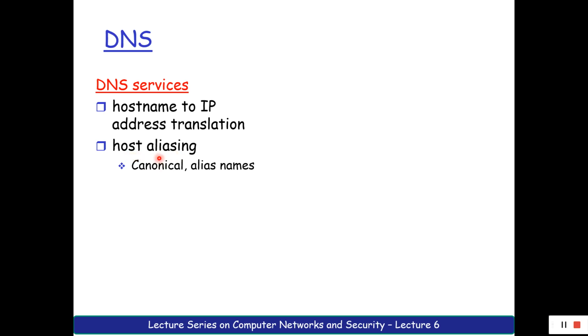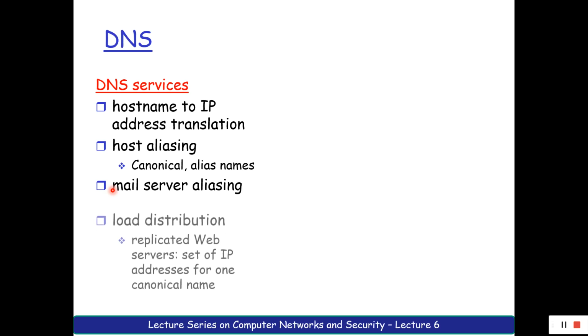So if the user types xyz.com, it should by default redirect to lmn.com. That is called host aliasing, or we can call it canonical naming. So if you are making use of canonical naming, the same site has two kinds of addresses. If you want to maintain that, it can be done by DNS systems.